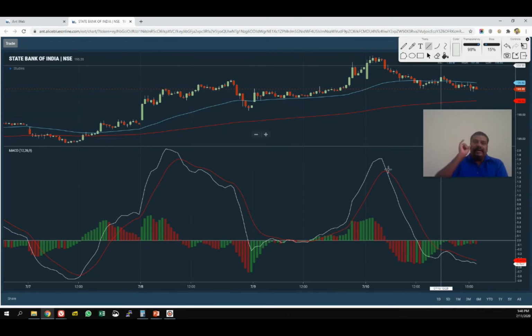Check out DEMA, which is double exponential moving average, and check out TEMA, which is triple exponential moving average. These are all faster, so they almost travel with the price changes. So the answer is check out DEMA, TEMA, and exponential moving average. You can also check it with the close price or the OHLC price. There are a number of combinations which you can use.